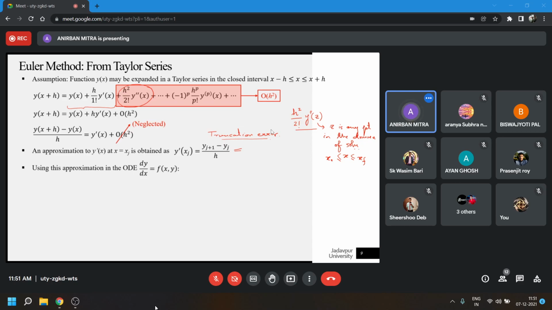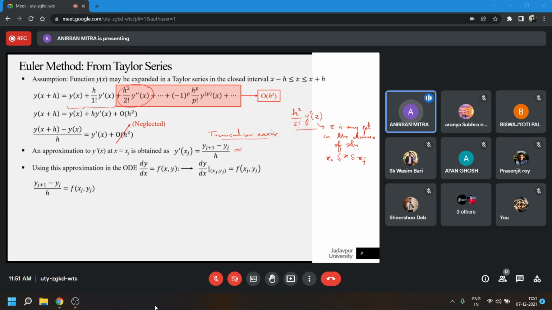Now we can take this derivation forward, and use this representative ODE that we have been covering in the previous slides. That is dy dx is equal to f of x, y. Then at point xj, yj, we can write the function as f of xj, yj.